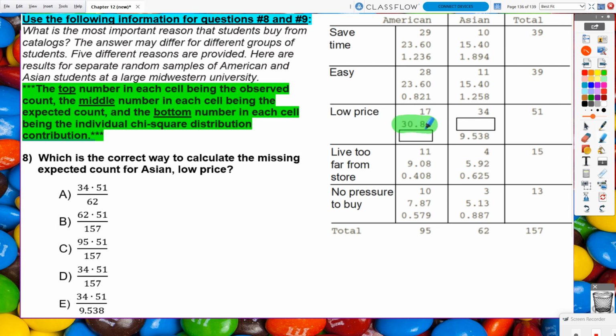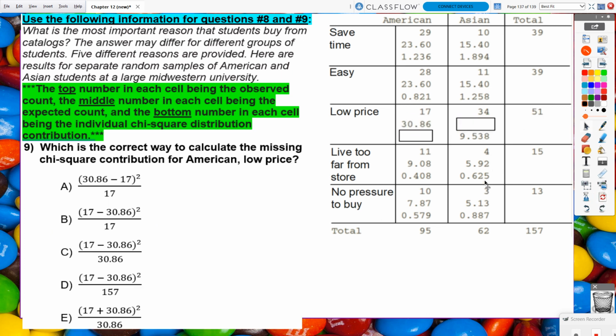We know that this American low price number plus the Asian low price number needs to add up to be 51. So we could have taken 51 minus 30.86 and gotten what the Asian low price expected number would have been, which should be 20.14. So again, if we did the math of 62 times 51 divided by 157, we should get 20.14.